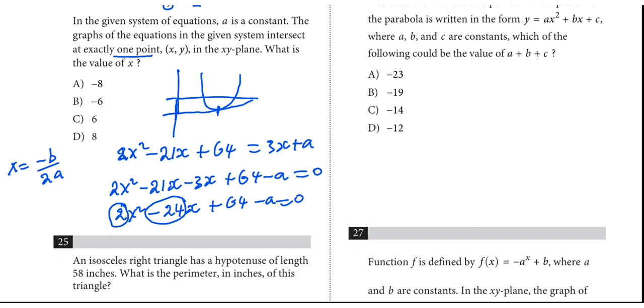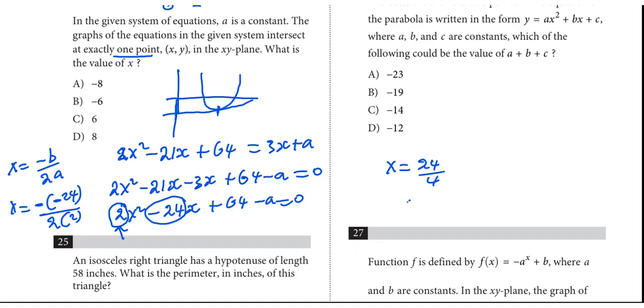If we plug them into this equation, then x will be equal to negative negative 24 over 2 times 2, which gives us positive 24 over 4.